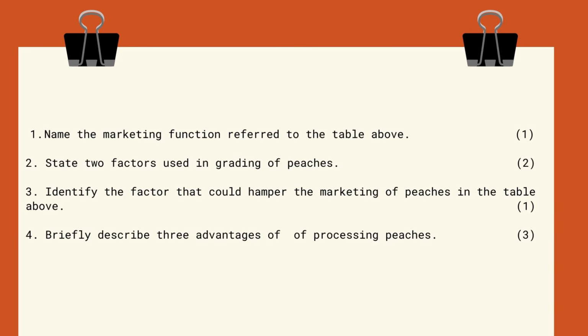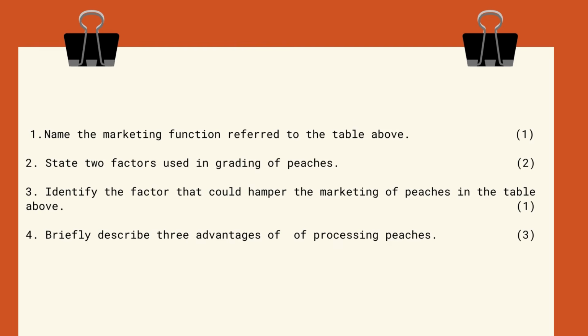So now let's look at what the examiners are looking for, right? Name the marketing function referred to in the table above, right? The second question says, state 2 factors used in grading of peaches.